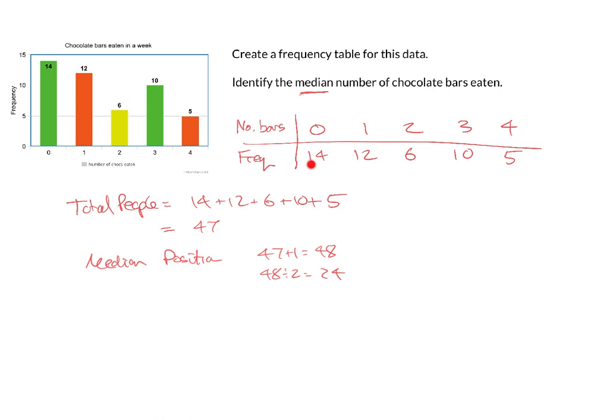My first 14 are here. My next 12 are here. So that means I have 26 people here. That will clearly then include the 24th person. So my median person will be here with 1 chocolate bar. So the median number of chocolate bars eaten is equal to 1 bar of chocolate.